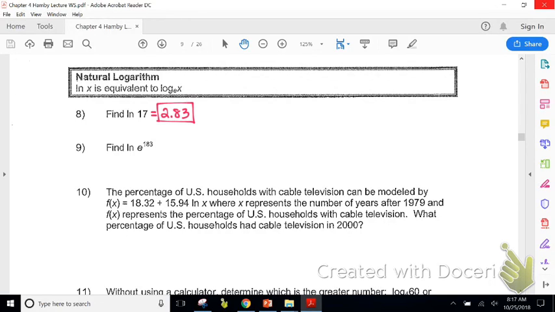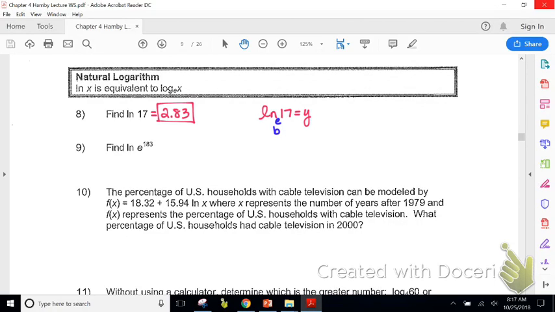Now, what if I tried to write that in exponential form? Could I? Of course I can. So, let's do this over the side then. We'd have the natural log of 17 equals y, correct? What is my base on this one? If it's natural log, what is its base? E. So, I could put a little e there.